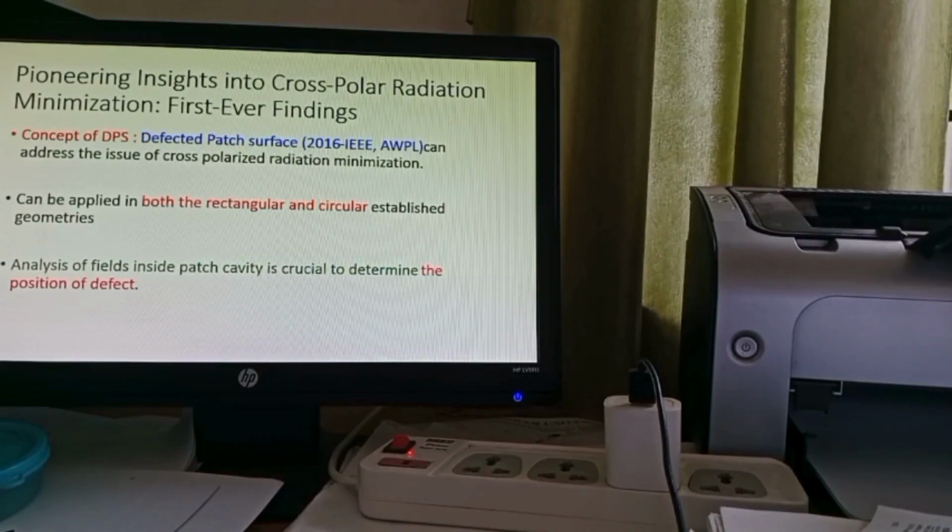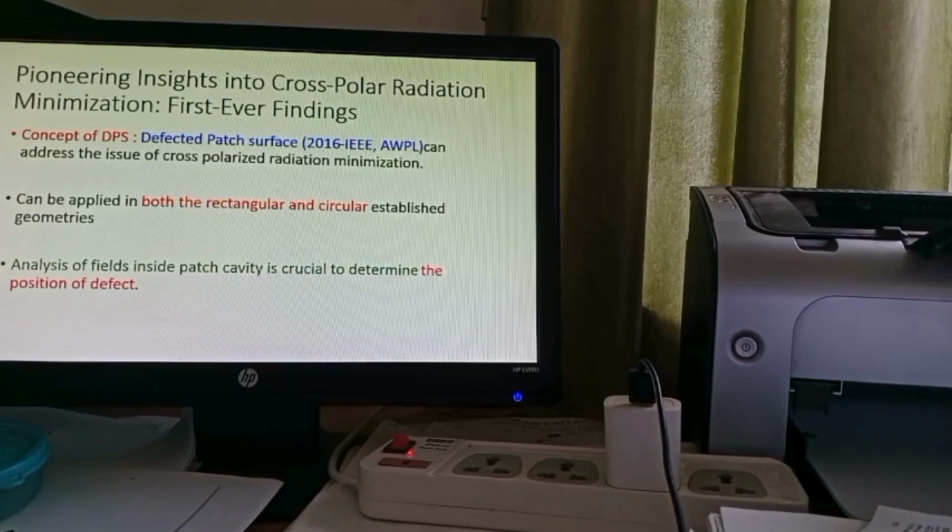Anyway, before going to that, first of all, the first concept which we have developed is DPS, which stands for defected patch surface. The defected patch surface is elaborately explained in the 2016 IEEE Antennas and Wireless Propagation Letters. It has addressed the issue of cross-polarized radiation minimization. Later we investigated how it can be minimized.